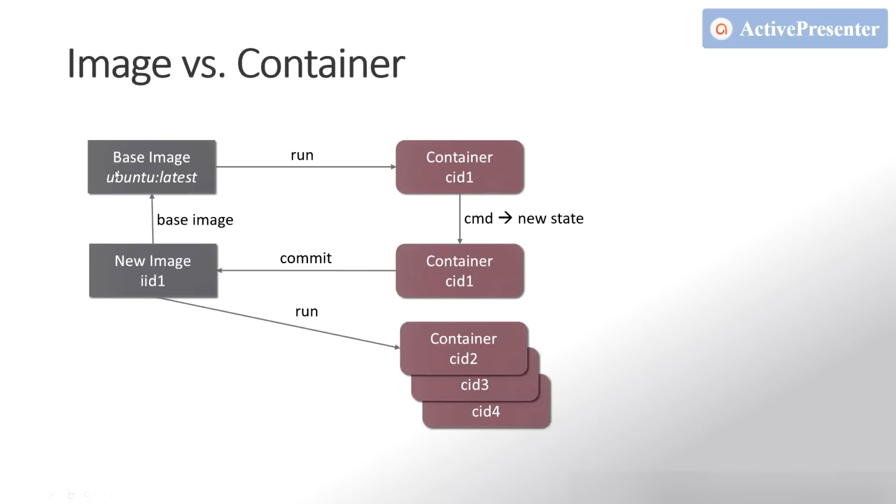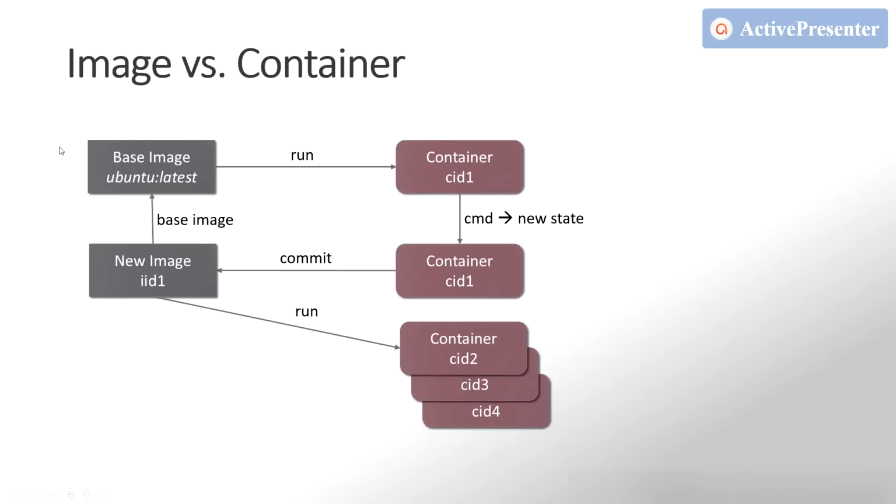Okay, so this is your base image. For example, you would have created another image out of it. You would run a container with certain things, then you can modify those containers and then say commit, which is going to create a new image. From here I can run more containers.